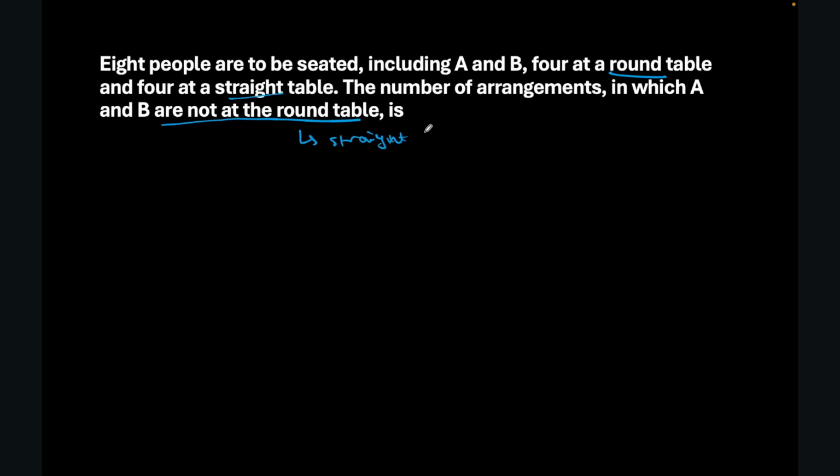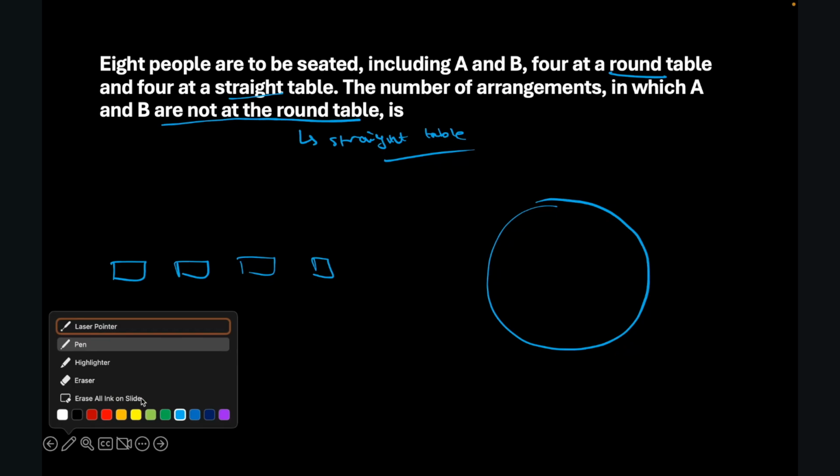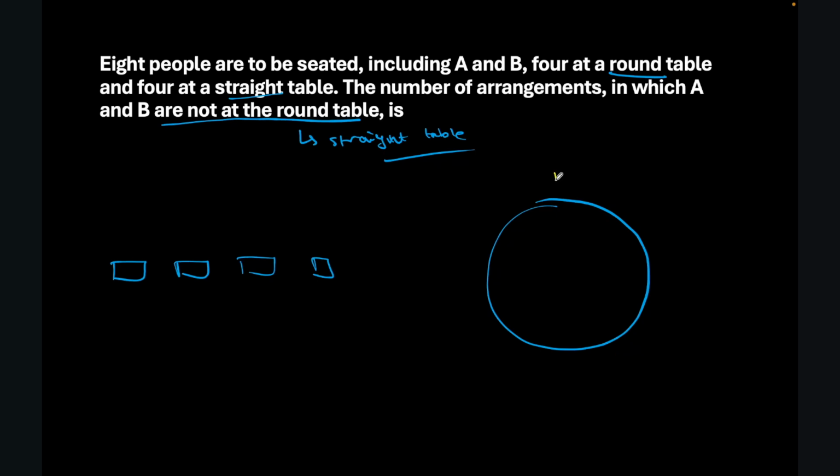So let's list out the straight table, 1, 2, 3, 4, and we have a round table with 1, 2, 3, 4. Let's say this is A, this is B, somewhere around this location. We don't really care.